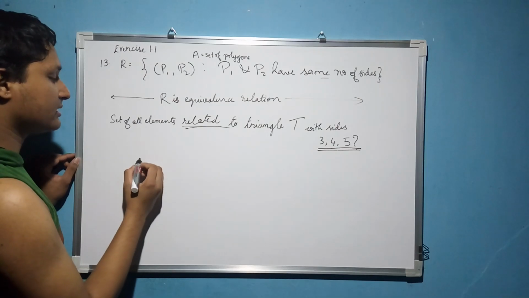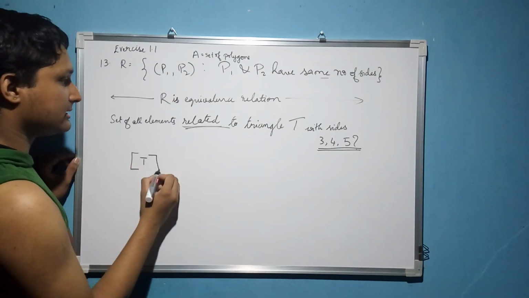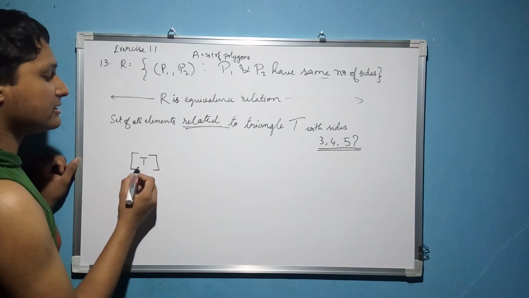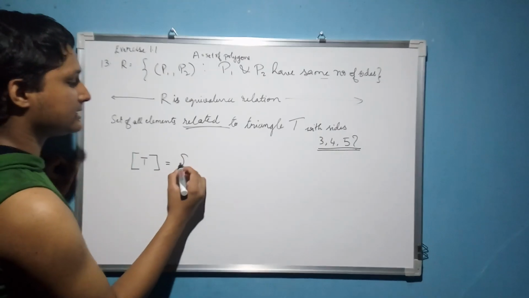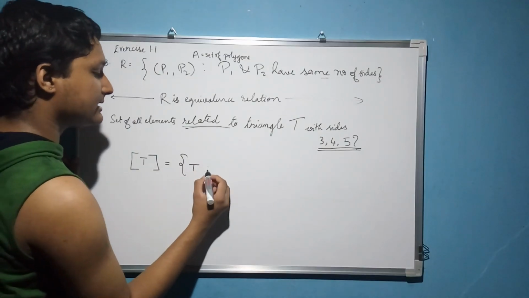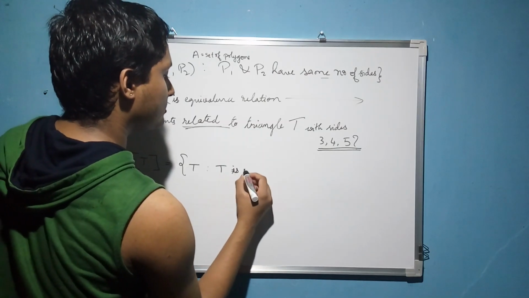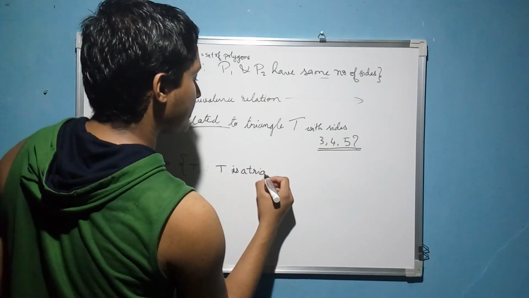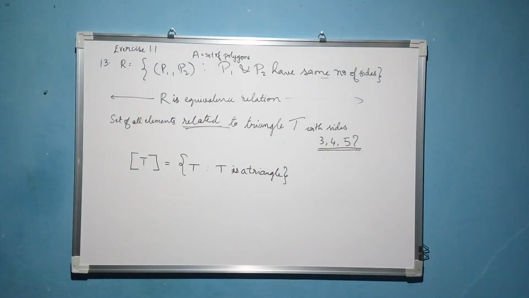So let me name the set of all the elements that are related to the triangle T as the equivalence class of T, that is equal to the set of all T such that T is a triangle. Yes, this is the answer for the 13th question.